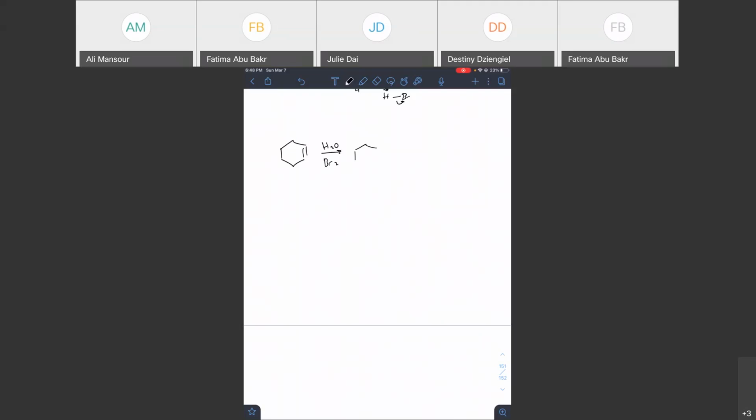What this is going to form is the cyclohexane. It's basically going to add on an OH and a Br, and it's going to add them on in anti-addition, right? If it's anti-addition, we probably know that it's following Markovnikov, if that was relevant. It's not really relevant because there's equal amounts of hydrogens on both carbons. But the way that they're anti, we know that it's probably Markovnikov, in case that was ever relevant.